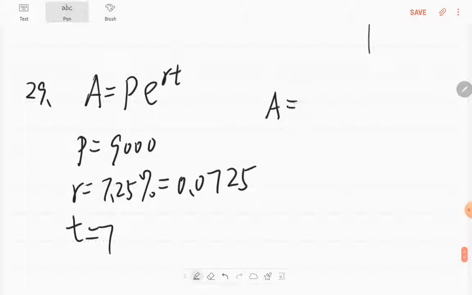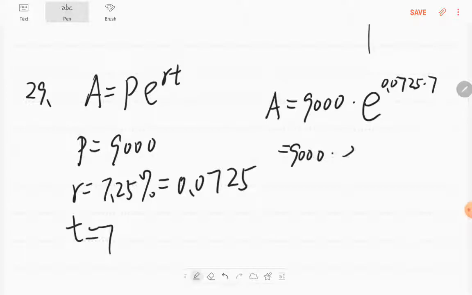So A equals P, which is 9,000, times e to the R, 0.0725, times what? 7. So this would be 9,000 times e to the 0.5075. Okay, if you use a calculator, you keep as many decimals as possible, right?